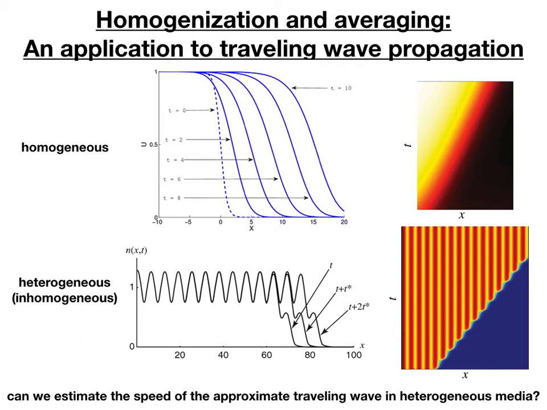And in addition, the wave sort of lurches, so moves a bit faster when the diffusion's higher and slower when the diffusion's lower. And you can see these sort of ripples in the bottom right color plot in space-time.